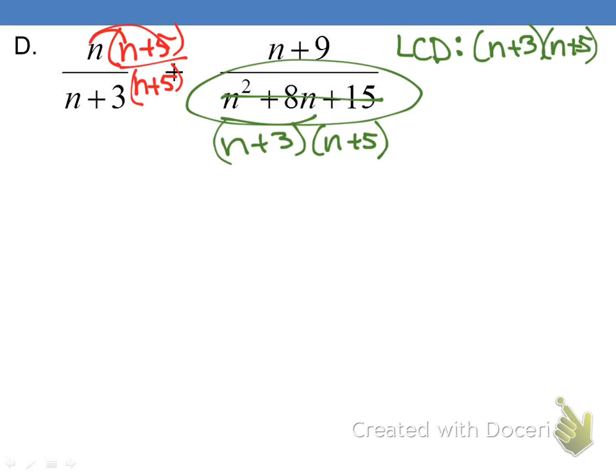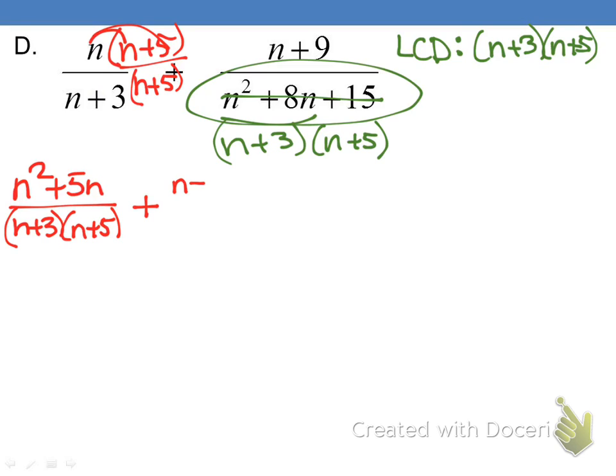So I'm going to distribute the n. n times n is n squared. n times 5 is 5n. All over n plus 3 times n plus 5. Plus n plus 9 over n plus 3 times n plus 5.